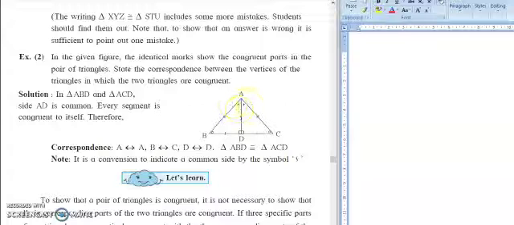Okay. This angle is also a common angle. For both triangles this angle is common. Angle A for this triangle and angle A for this triangle both have the same measure, so both these angles are congruent to each other.